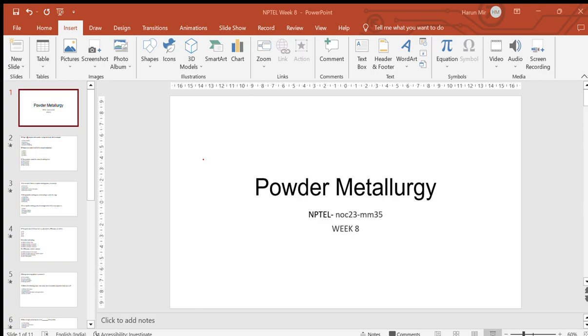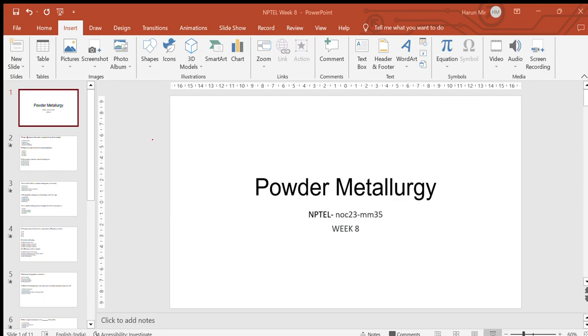During compaction we might have added certain binders for particle interactions, for filling in the voids between the particles. But this binder needs to be removed before we go for further processing such as sintering, because this binder will create porosity in the subsequent step. So this binder is removed prior to sintering.